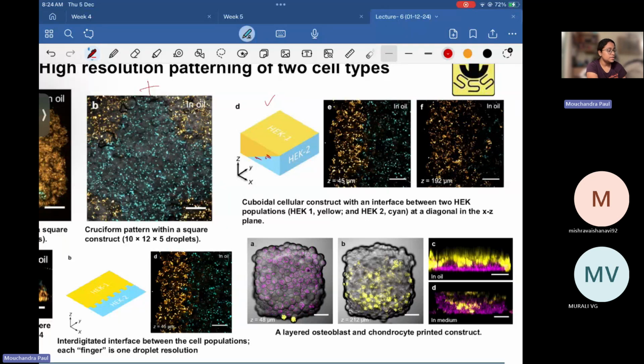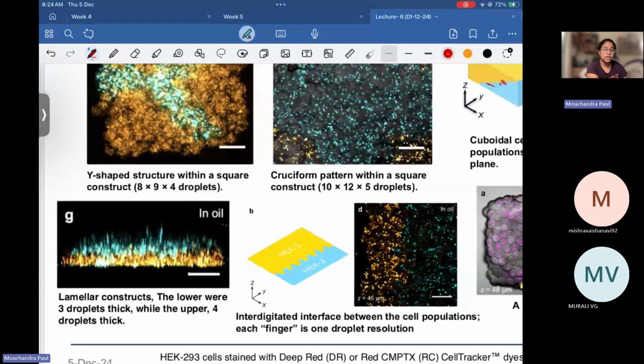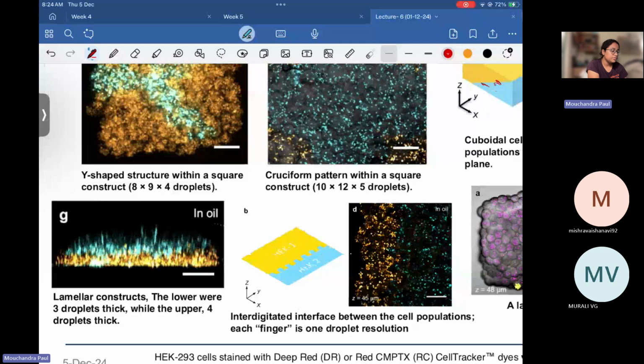Similarly, they also printed laminar constructs, meaning one layer over the other. The lower layer has like three droplets thick, and the upper layer has like four droplets thick. In this way, they demonstrated that they can make layered structures.